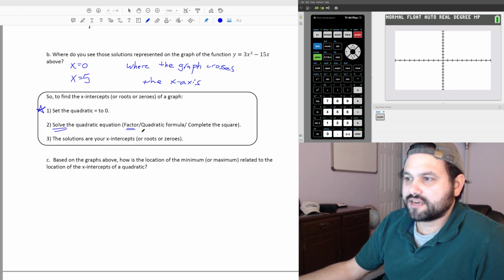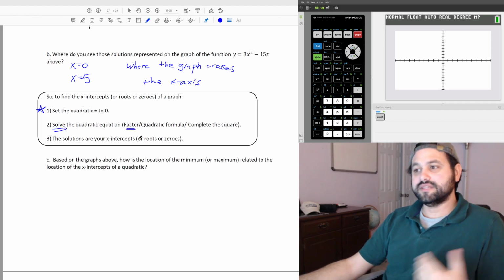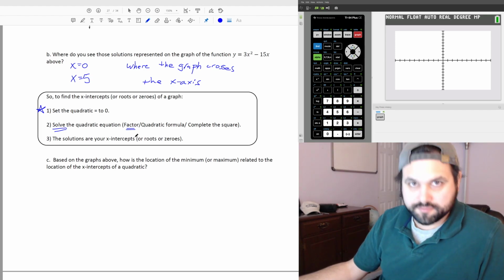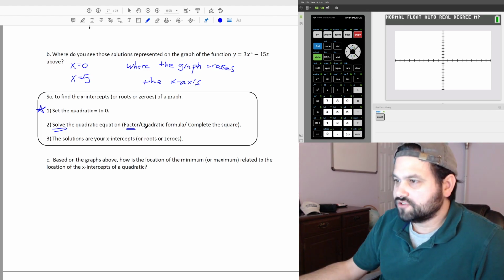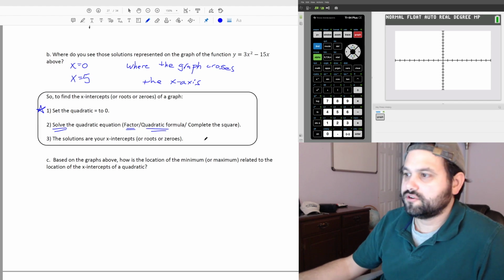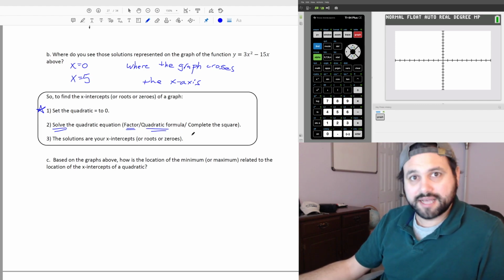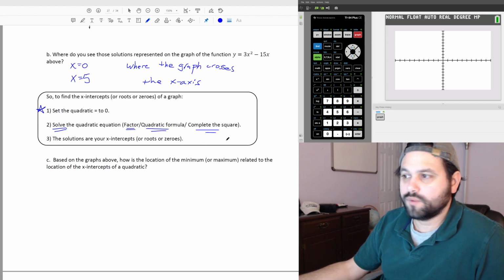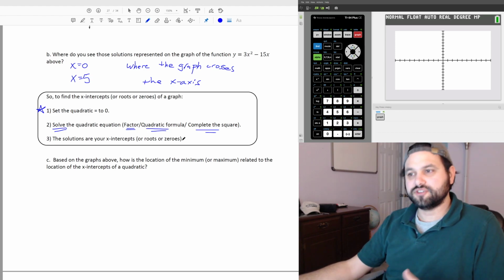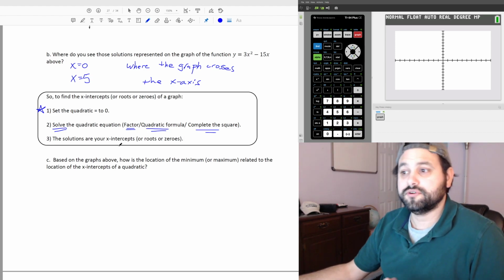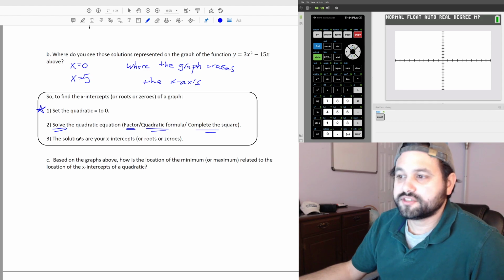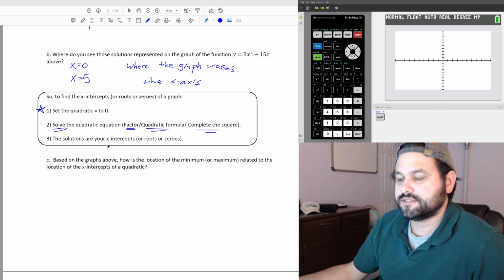We've got factoring, which we did kind of last unit a lot, and then we did more of it this unit. We have the quadratic formula, which we've gone over a lot. And then we have, from the last unit, the completing the square method as well, right? So we have all these different methods to solve. That's what it's used for, to find these solutions. And then the solutions we get are the x-intercepts, okay?